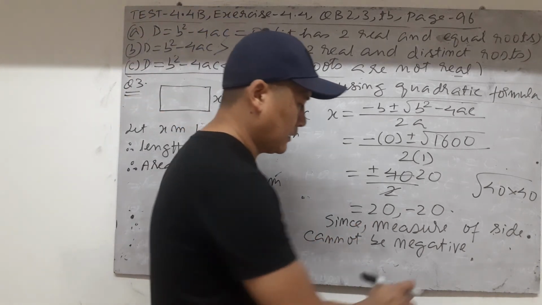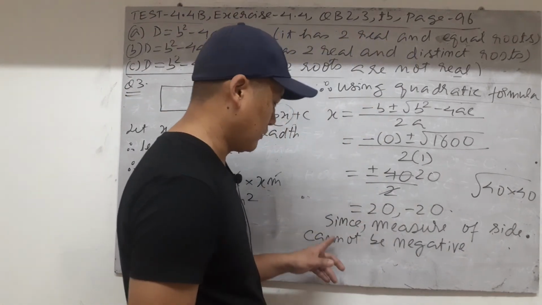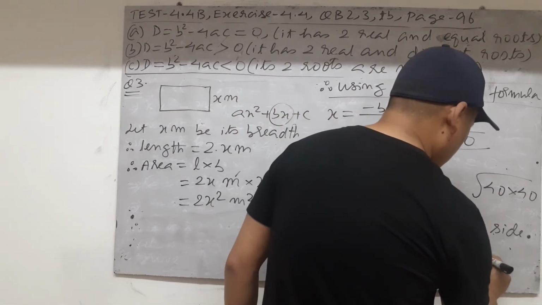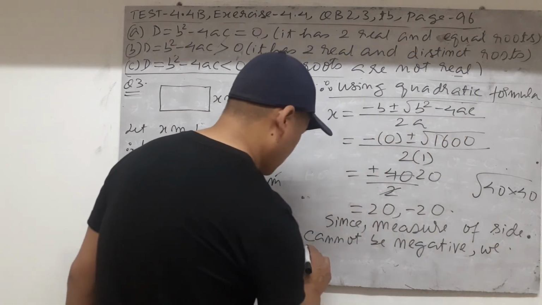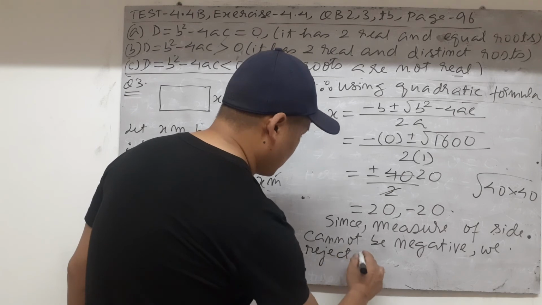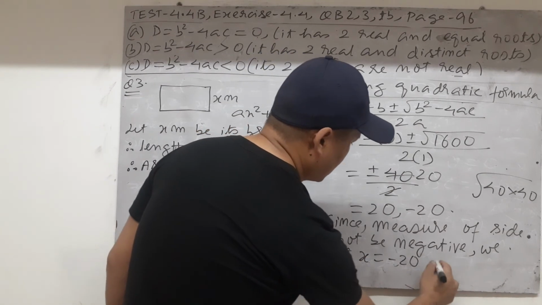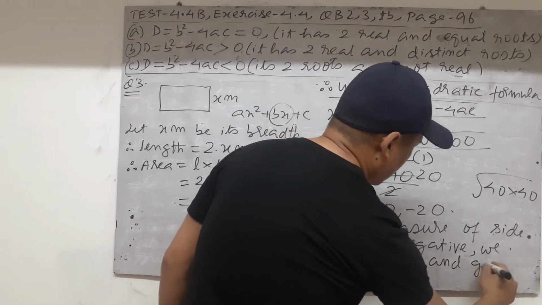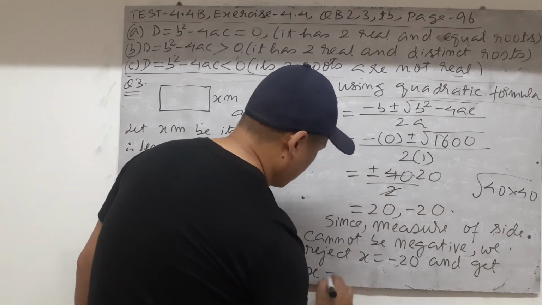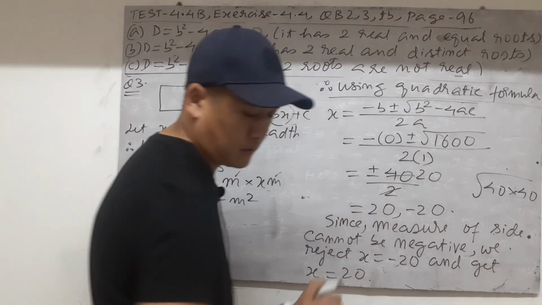Negative length is not there in practical terms, right? So it cannot be negative. Because of this reason, we reject x equal to minus 20, and we accept x equal to plus 20. So this is our answer.